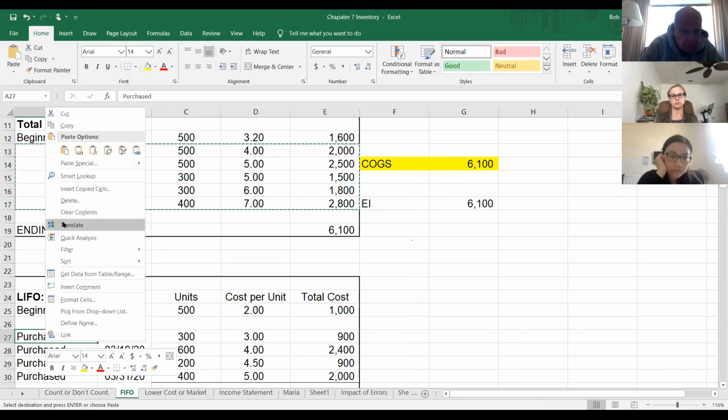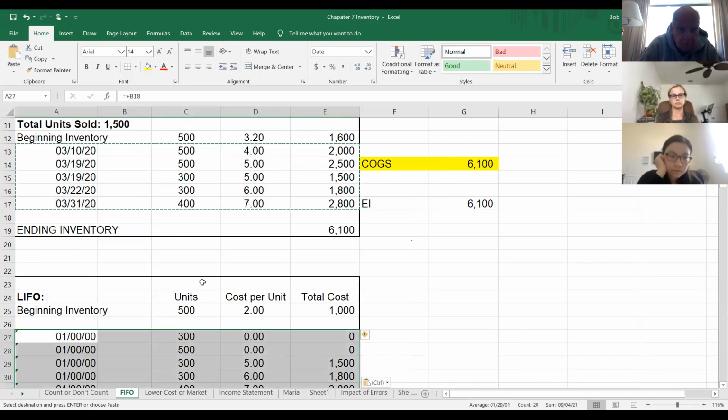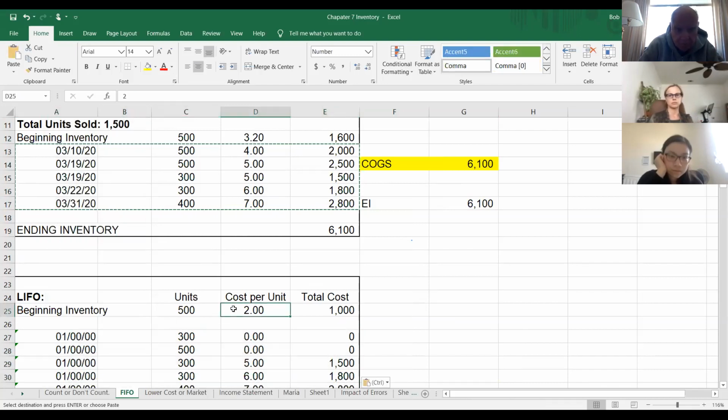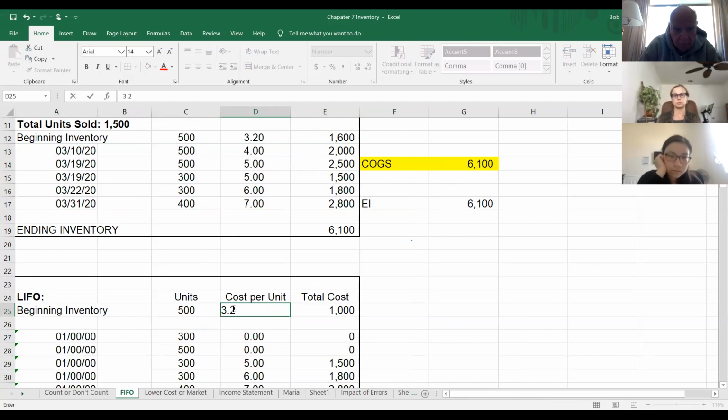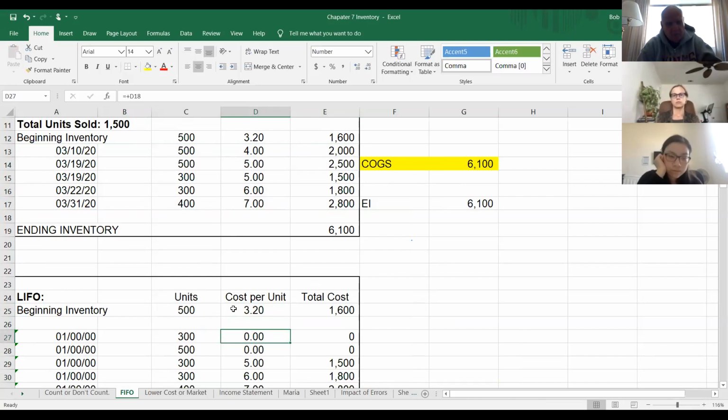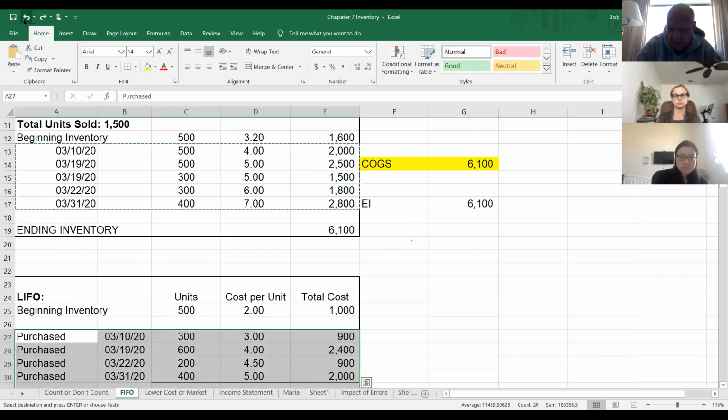If this doesn't work, I redo it very, very quickly. And then we had a beginning inventory of 500. I'm so sorry, guys, but this might be a good thing in a way. Putting the best light on it, right?